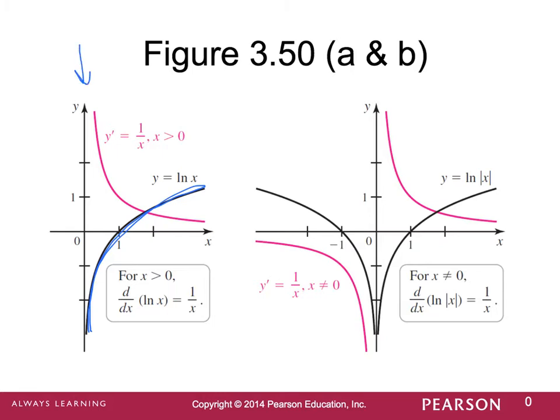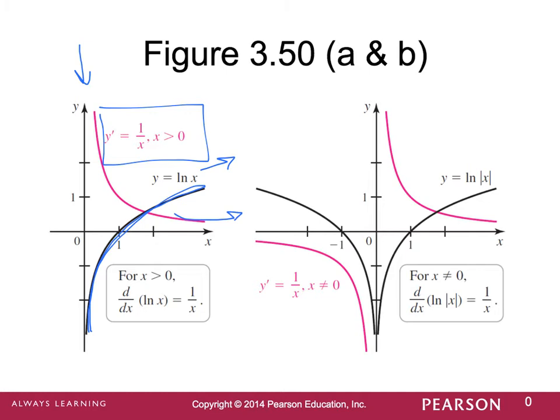And so if we graph our derivative as we're approaching 1, we're getting close to a slope of 1, and then as we are approaching infinity, we're approaching a slope of 0. And so when we graph that, we see that that is just the graph of 1 over x when x is greater than 0.